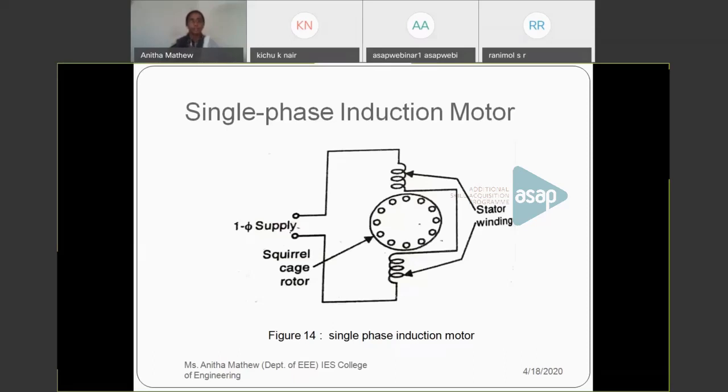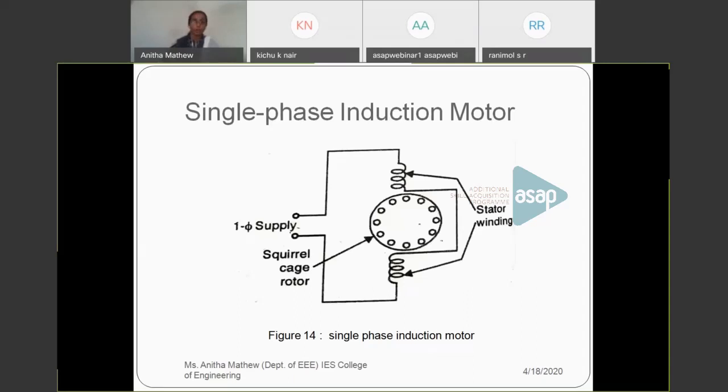But here, a rotating magnetic field is not produced, because we are providing only one phase. Here, a pulsating field is produced. It cannot cut the rotor conductors and cannot induce EMF. Okay, so single phase induction motor is not self-starting.